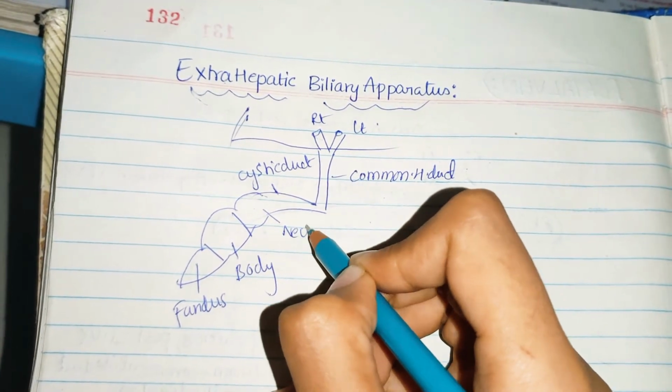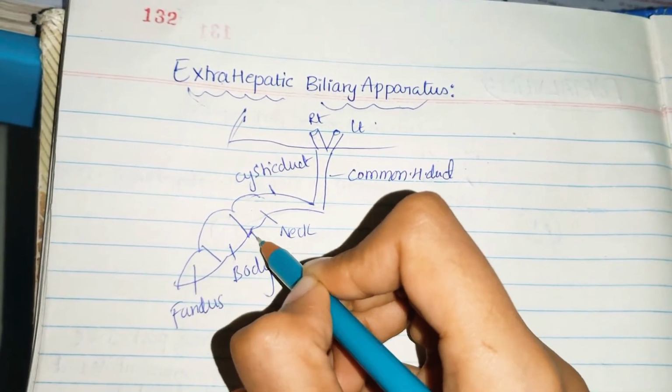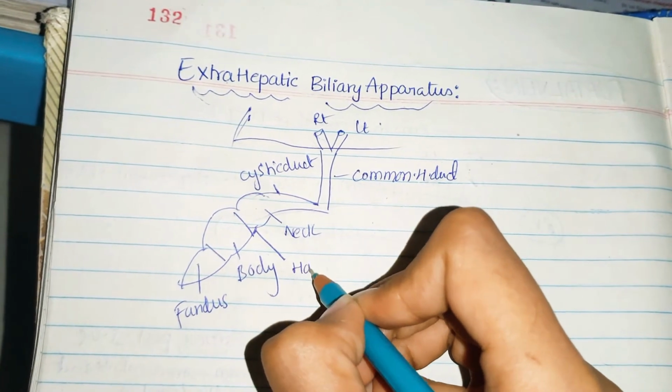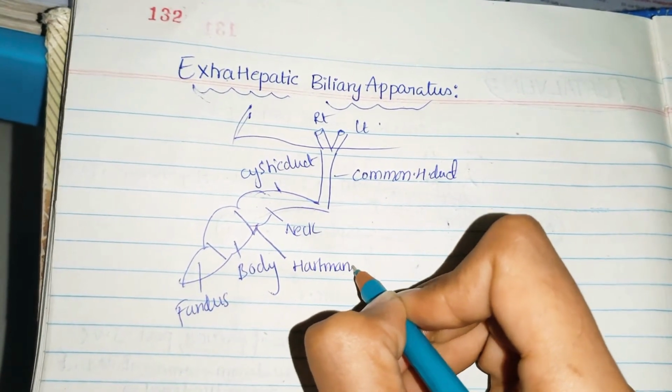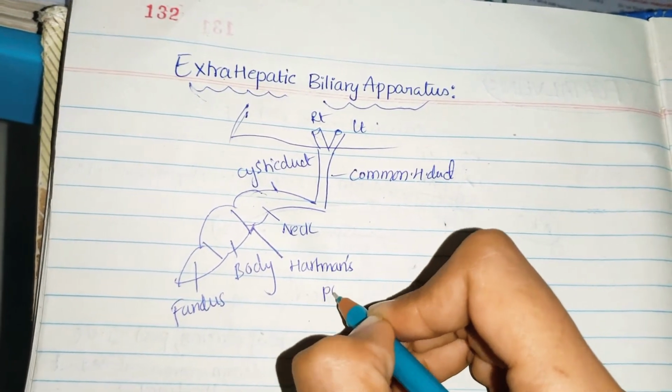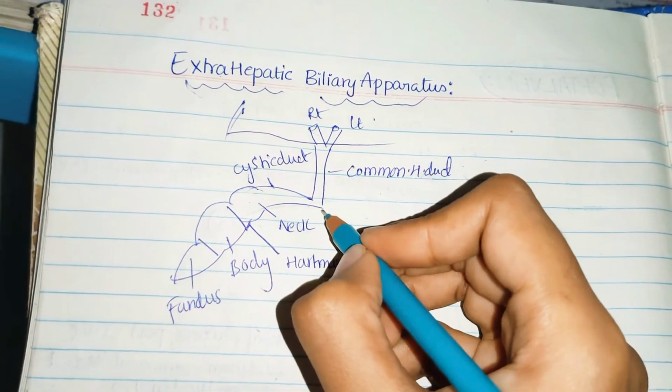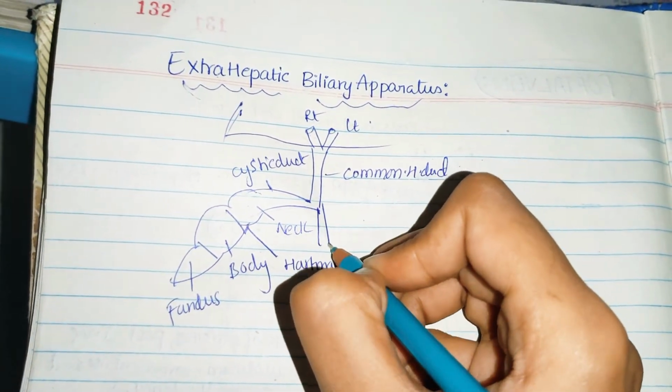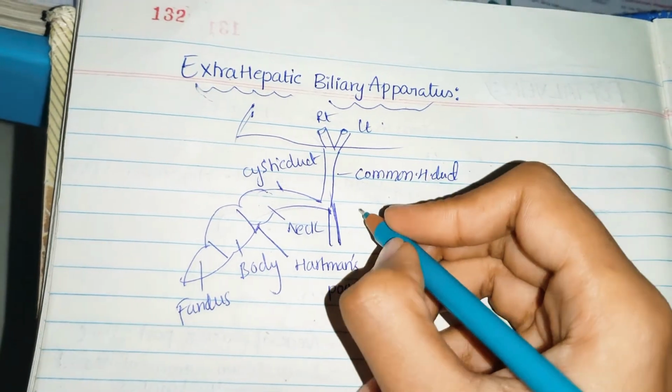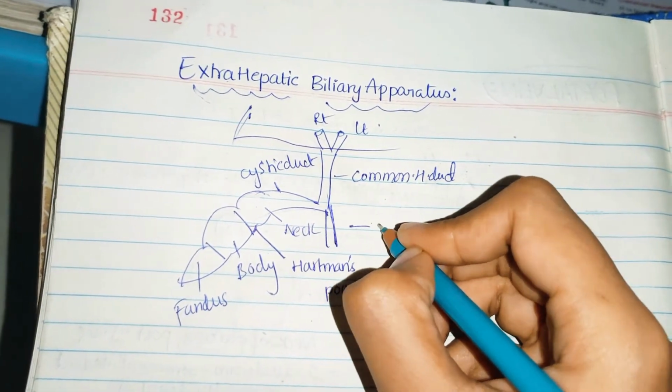Near the neck there is a projection called Hartmann's pouch.